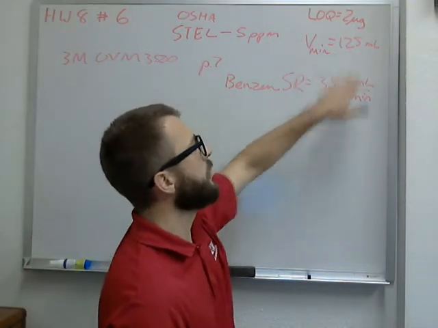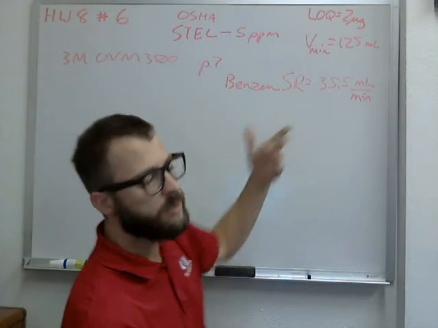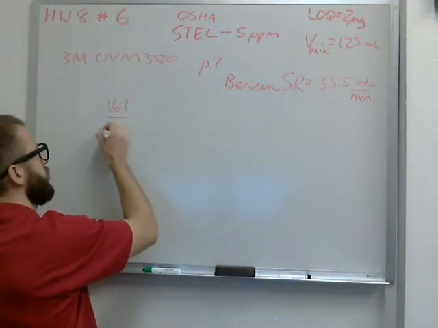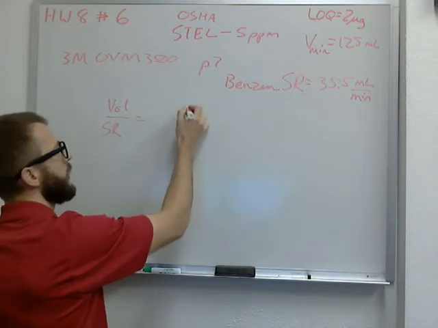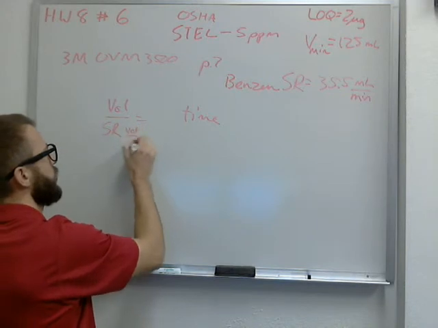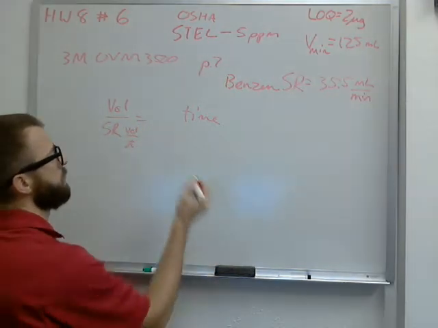So we have a volume, we have a sampling rate. If we divide volume by sampling rate, we'll get time, because our sampling rate is volume over time.